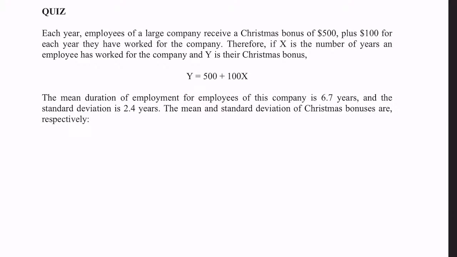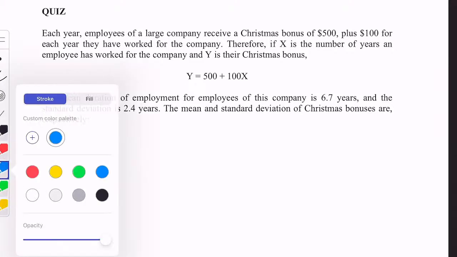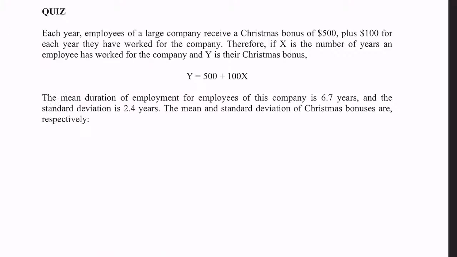So in terms of X, the mean duration of employment for employees of this company is 6.7 years, and the standard deviation is 2.4 years. Now, I haven't told you anything else about X, the number of years an employee has worked.